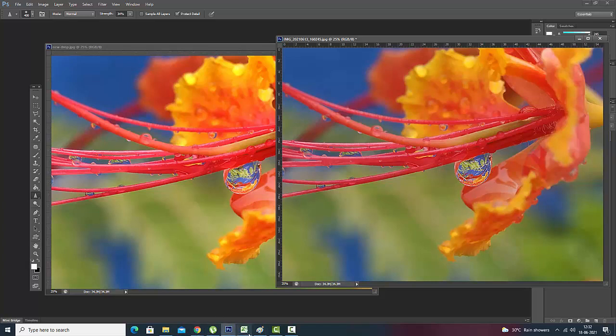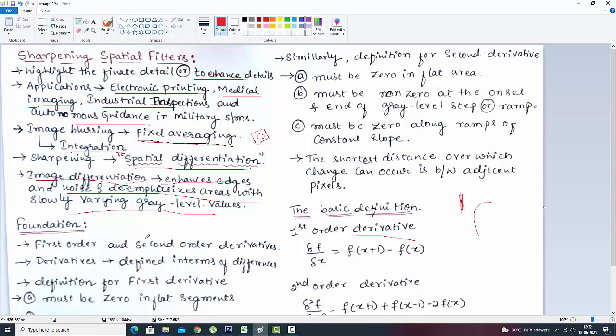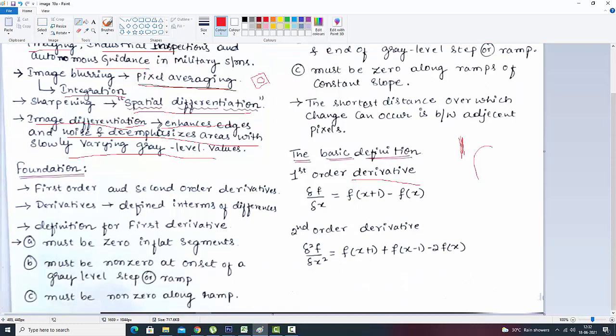So this is actually what we are seeing in this image differentiation.